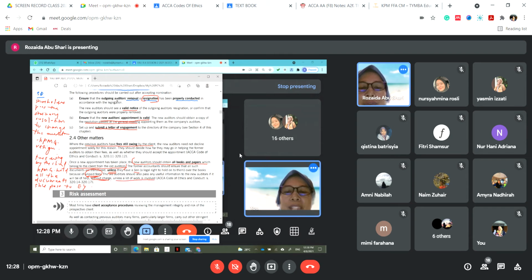So it means that if the dissemination of information is taking a long time or involving the lawyer, the legal requirement, maybe a lot of work is involved, and the outgoing auditor can charge the new auditor.